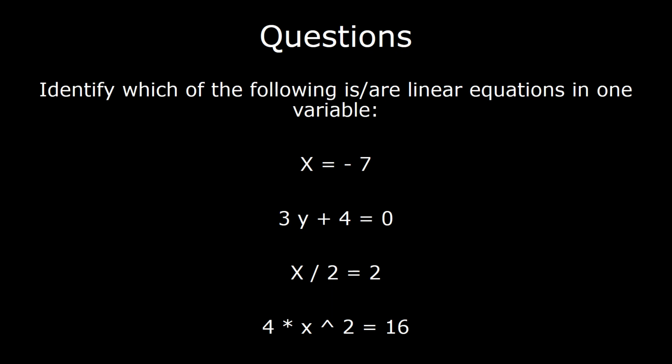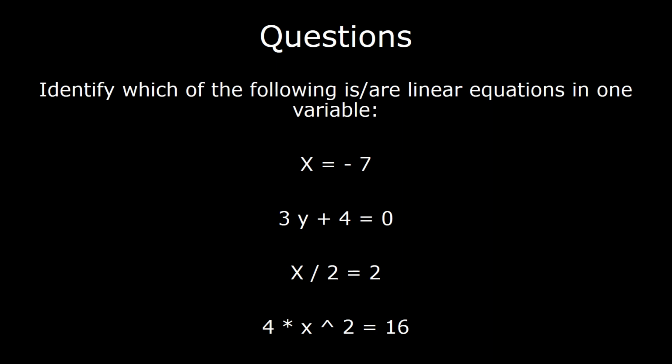But think of it, x upon 2 is nothing but half x, that is to say, half multiplied by x, or 1 upon 2 multiplied by x. So we can say that we have got our x, and in place of a, there is a 1 upon 2 or a half here. In place of b, there is 2 simply. Therefore, a equals to half, b equals to 2, we have got our x, we follow the format, and thus x upon 2 equals to 2 is also indeed a linear equation in one variable.